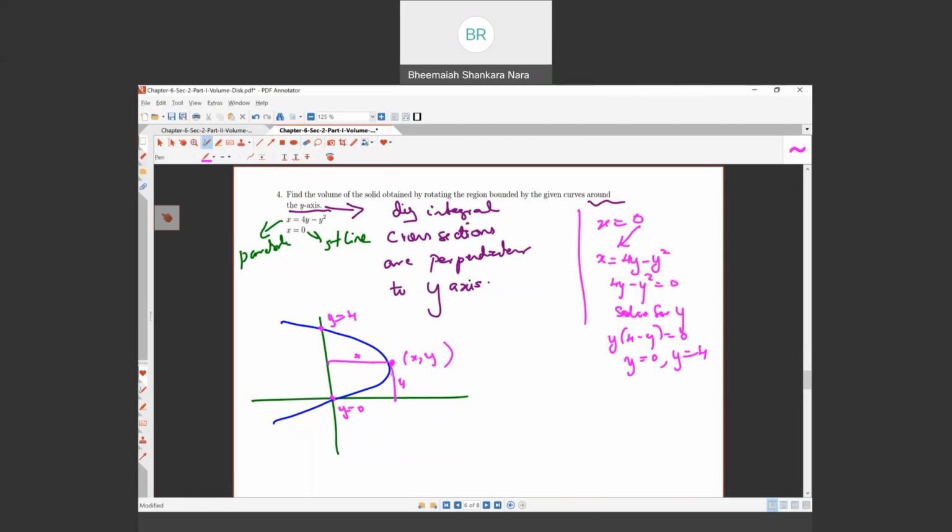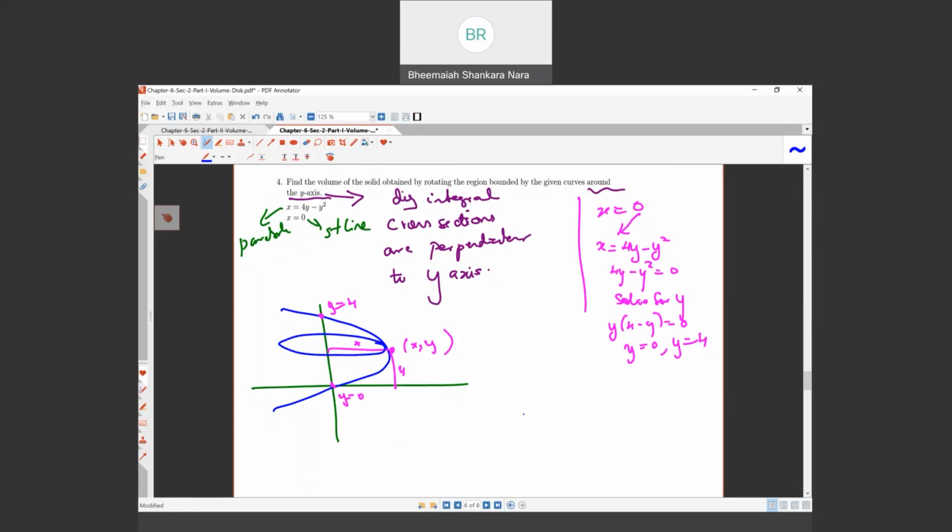Now we are asked to find the volume of the solid obtained by rotating the region bounded by the given curve around the y-axis. So you consider a small disk here whose radius is exactly x. So this shaded region will be your solid.